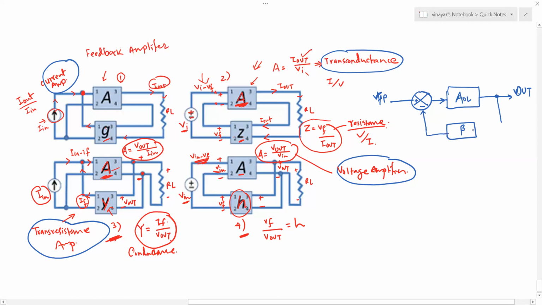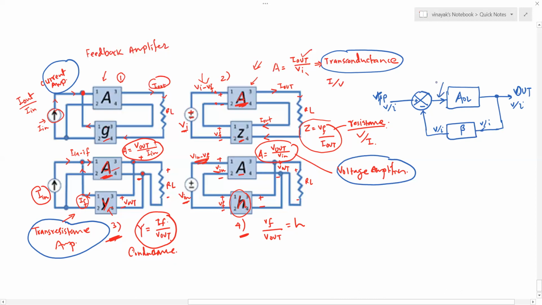Here you have V or I, and here V or I, based on the four configurations. Here also you have V over I, and that's how you have the case of negative feedback.